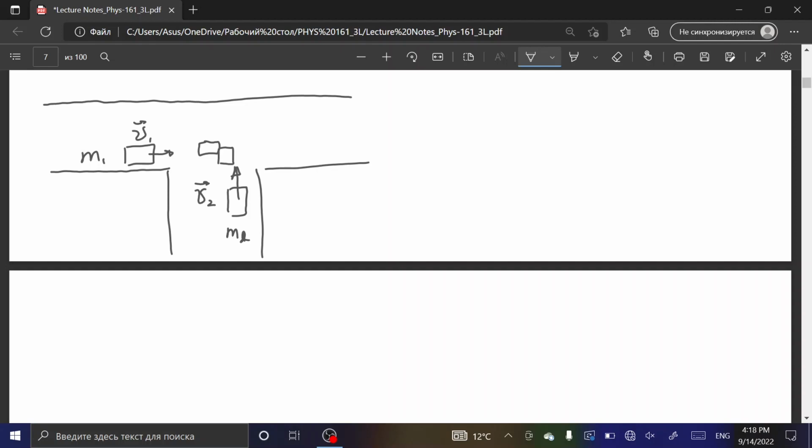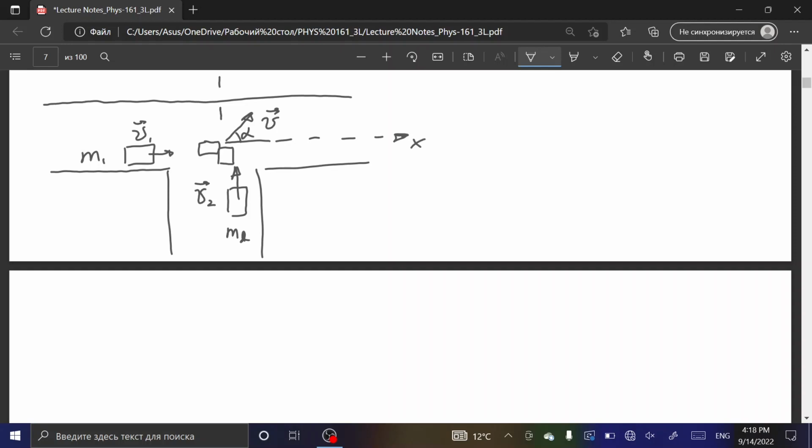So in this case, we have some velocity vector v. We want to know what will be the magnitude of this velocity vector and what will be the orientation, meaning some angle alpha with respect to the horizon, which is defined by axis x.